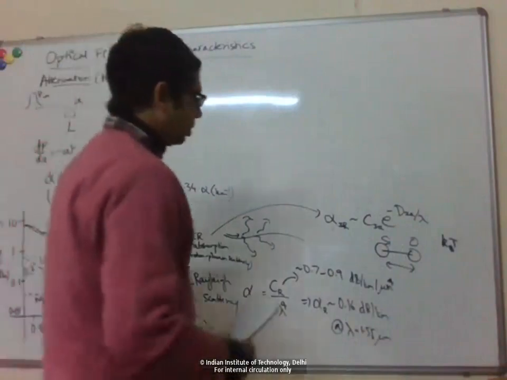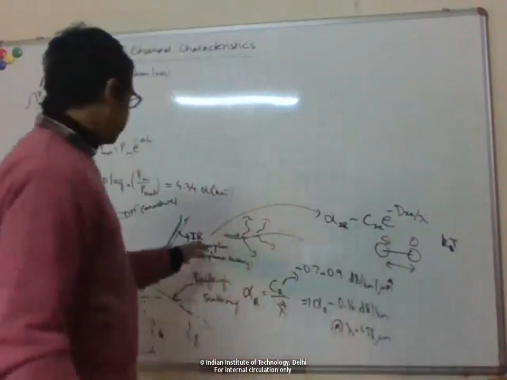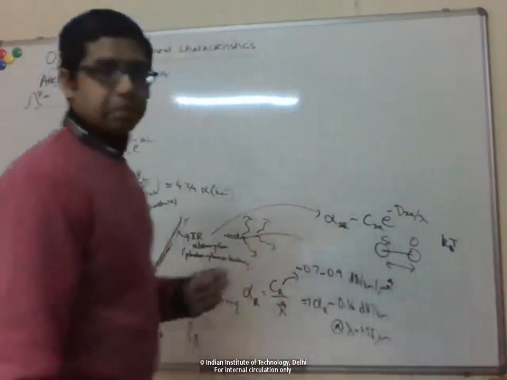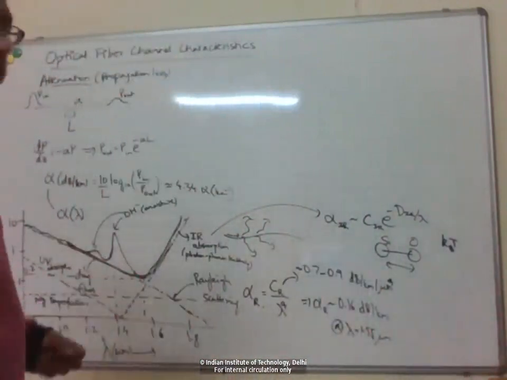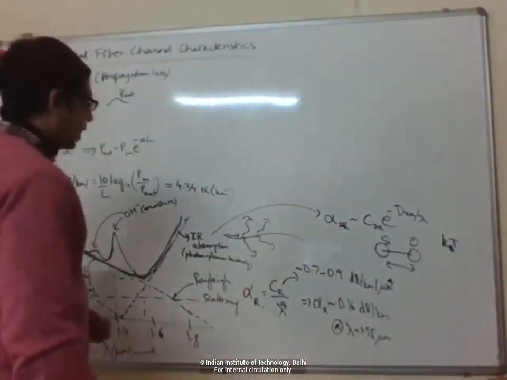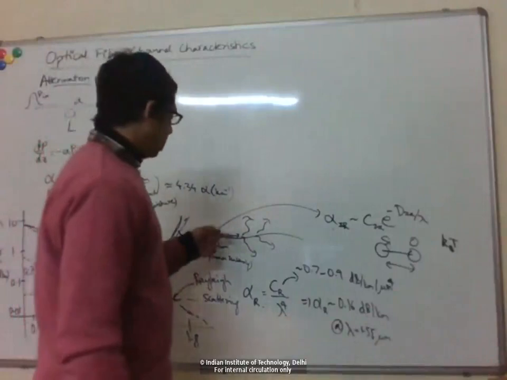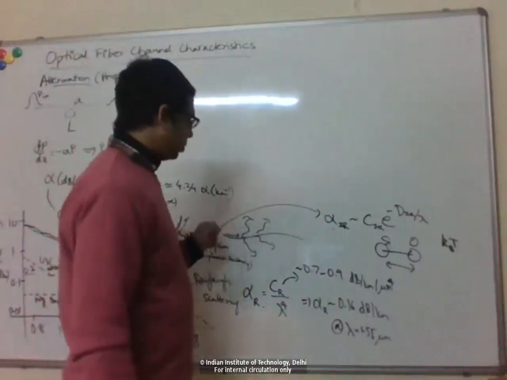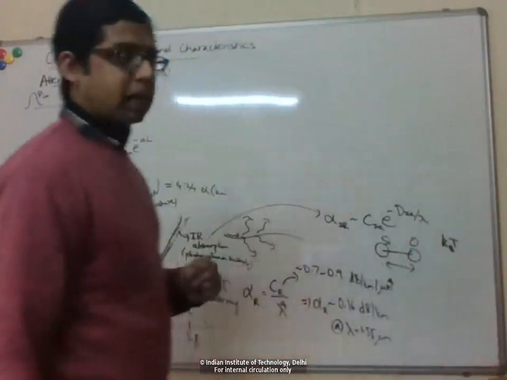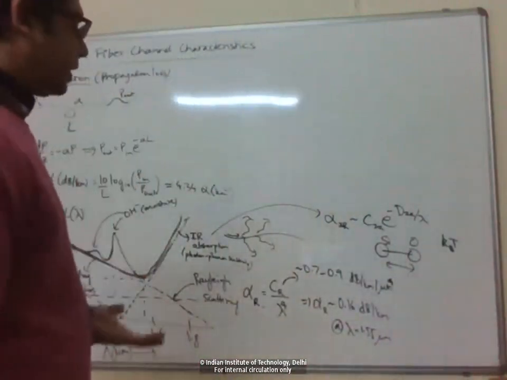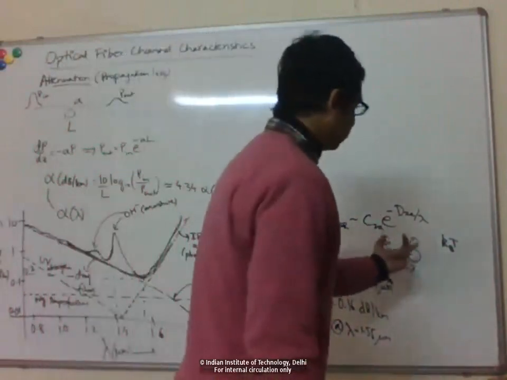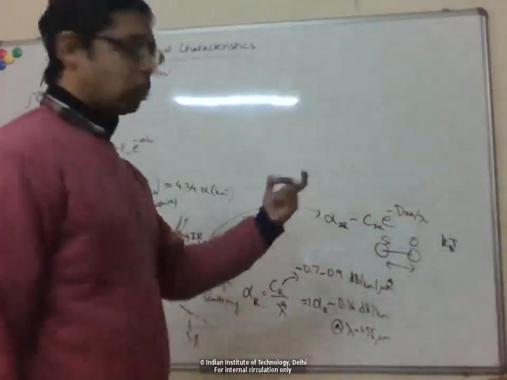These molecules have some vibrational energy, and another way of saying this in the quantum picture is that there are phonons present in the medium, right? And they have some energy corresponding to this mode of vibration. Light traveling through the fiber, photons, can couple to these vibrations. So you can transfer energy from photons into this vibrational energy, or phonons.